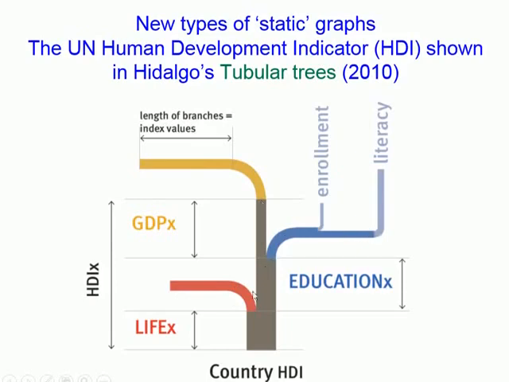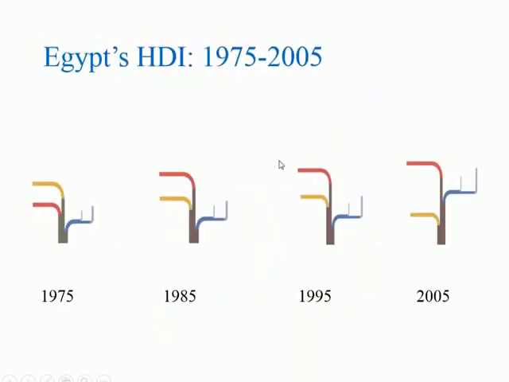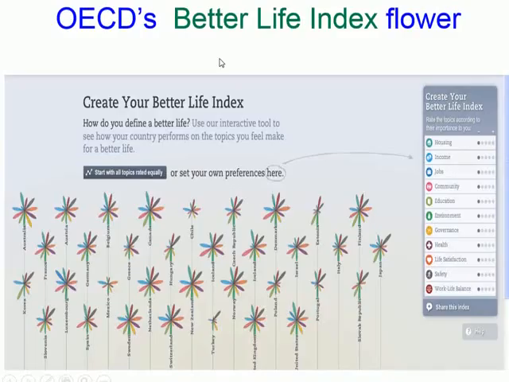The placing of the graph on the trunk of the tree shows its relative importance compared to the other indicators. Looking at Egypt's HDI over the 3 decades between 1975 to 2005, we can see that the economy has remained relatively static. However, education outcomes have improved and life expectancy has risen significantly.